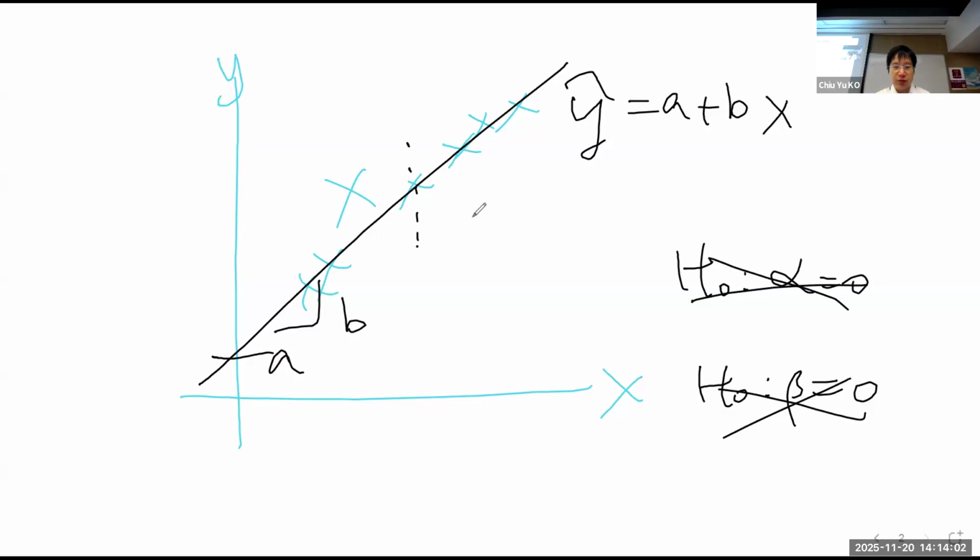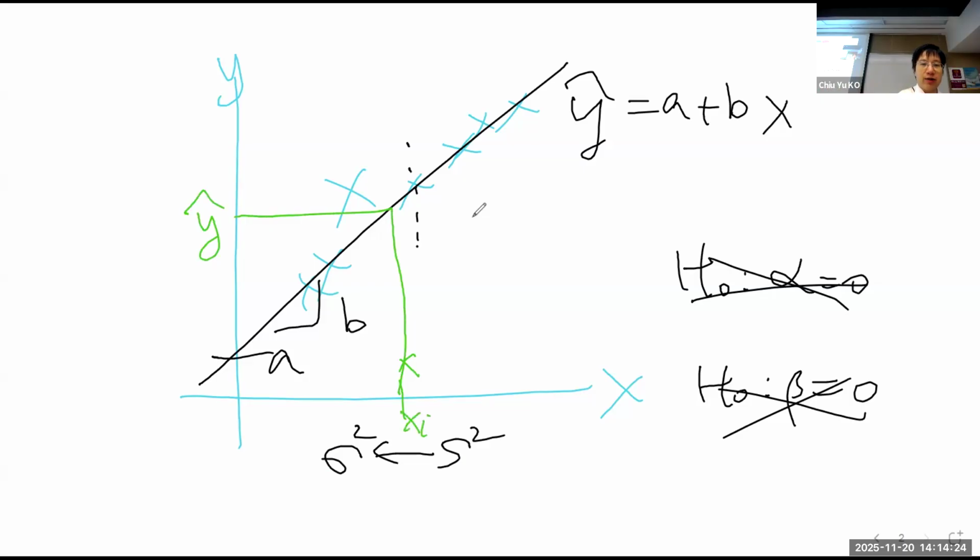Since we have an estimation of this, by our S square, can we get a confidence interval for the prediction? Remember this line: I give you X, you go to this line, and this is my Y hat. It is coming from this line, but this is only a point estimate.